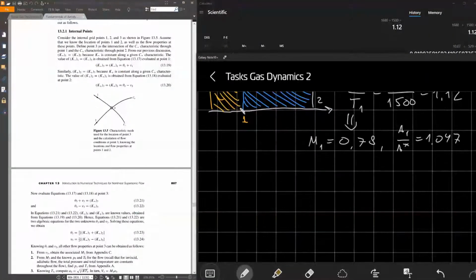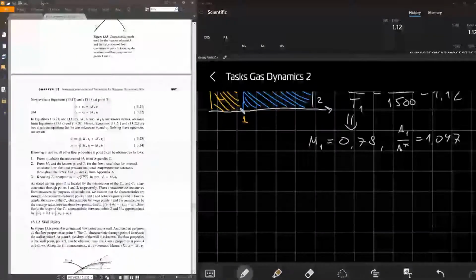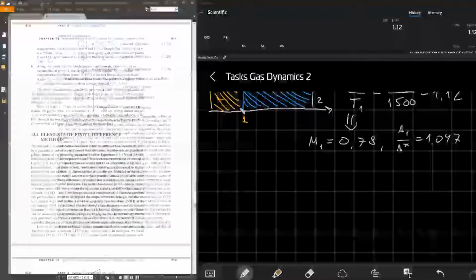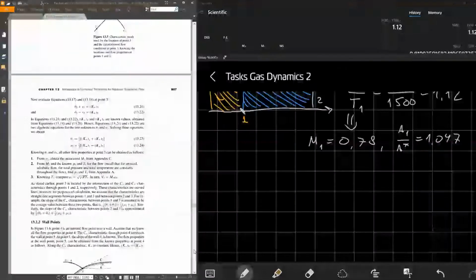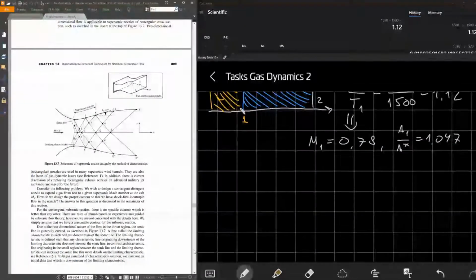I hope you have already studied this section, so I can just show you an example of the calculation, or rather a very similar example is shown in the book. In this book they do not give the values, but there is a book called Solutions of Problems from the Fundamentals of Aerodynamics.